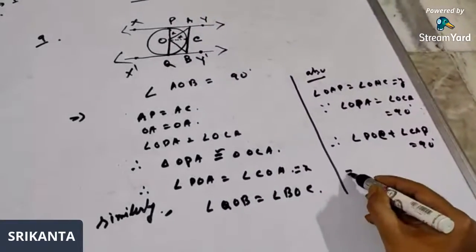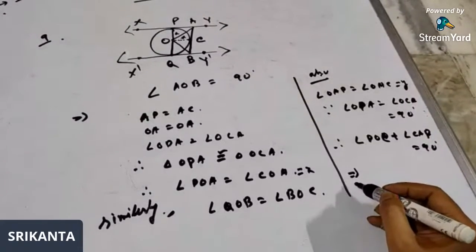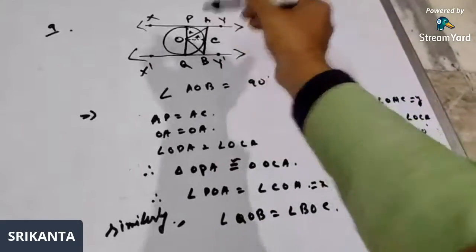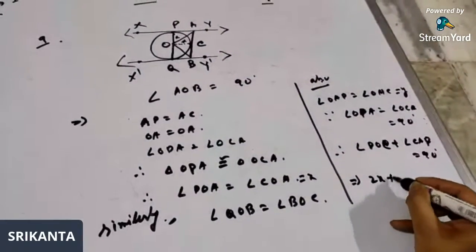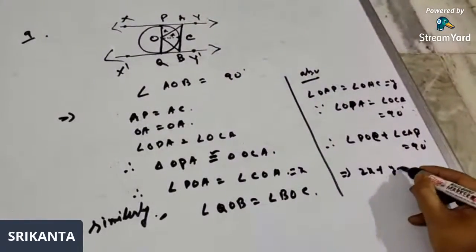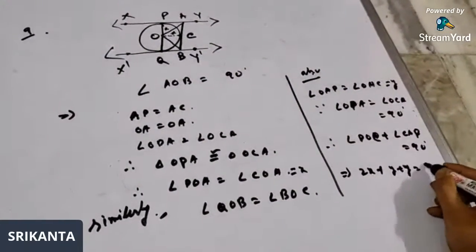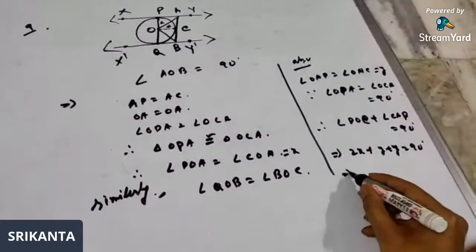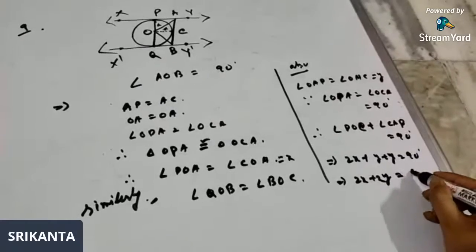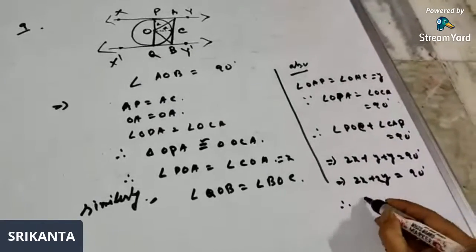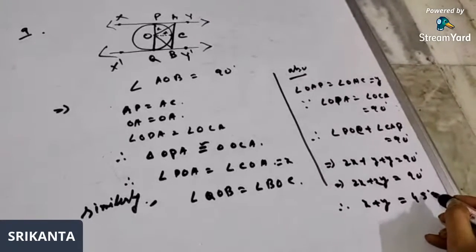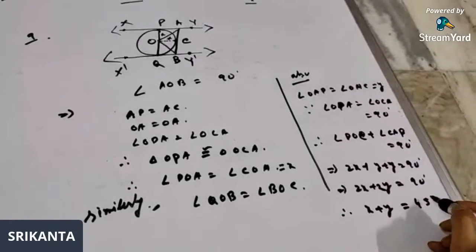Now POC means x plus x, so 2x, and CAP means these are equal, so y plus y. So what we have? 2x plus 2y is equal to 90 degree. Therefore we have x plus y is equal to 45 degree. Clear?